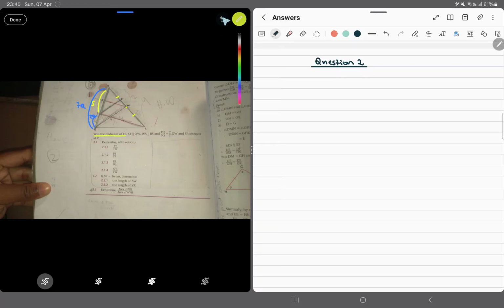So here a little bit of logic is necessary. So let's write 5a. So logically, if the entire side is 7a and that small portion is 2a, therefore PS must be 5a because it's on the same line.